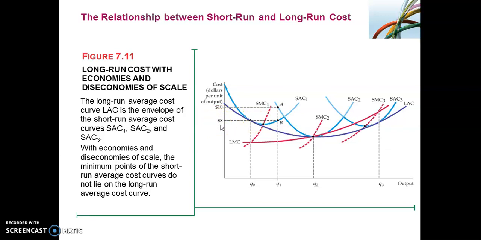However, if you decided to go with a medium or middle sized print shop and produce Q1, so this is the short run average cost for a medium sized shop, for instance, then your short run average cost is $10 for that output Q1. And that would not be ideal because it could have been $8 if you had gone with the smaller sized shop.